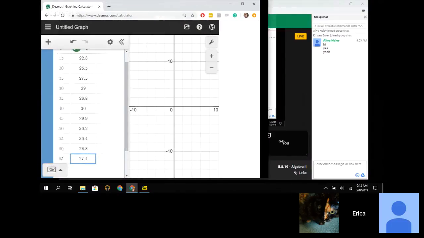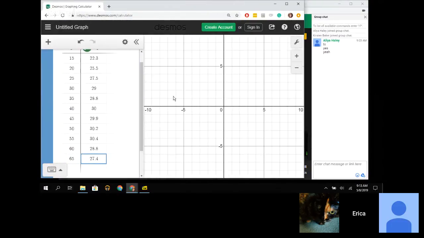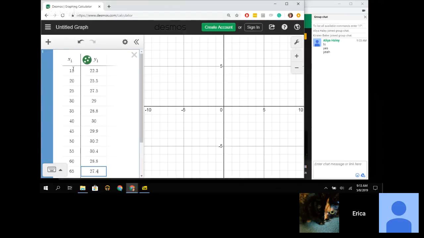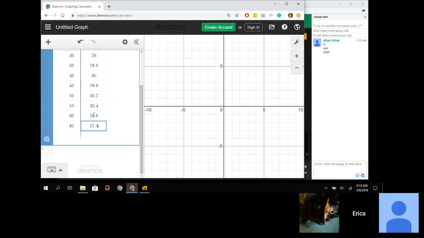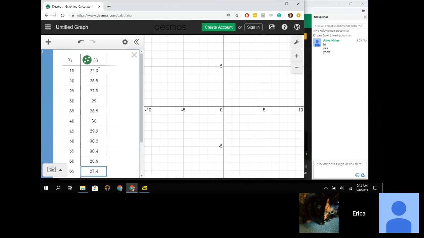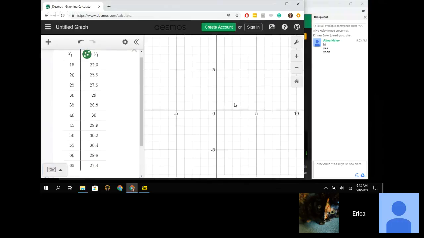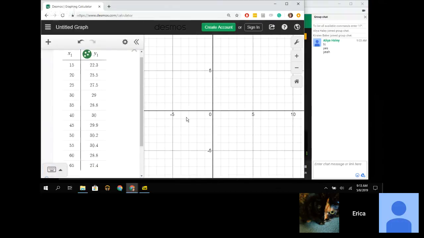So now that I have my data entry, I will look and see that my X values go between 15 and 65, and my Y values are basically in the 20s and 30s. So when I enter this data in the table, it actually graphs on Desmos, but you can't see it because none of my values lie in this part of the plane.